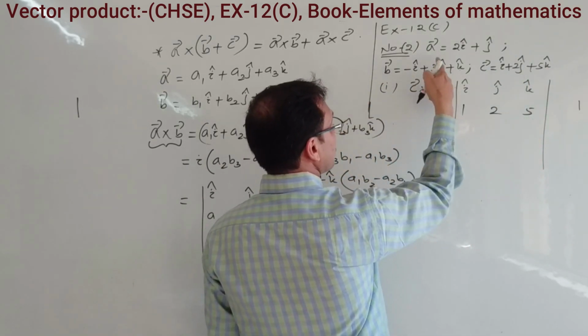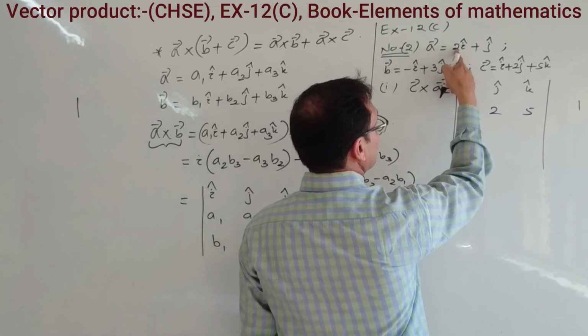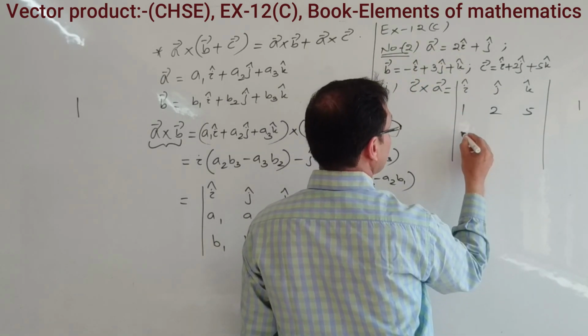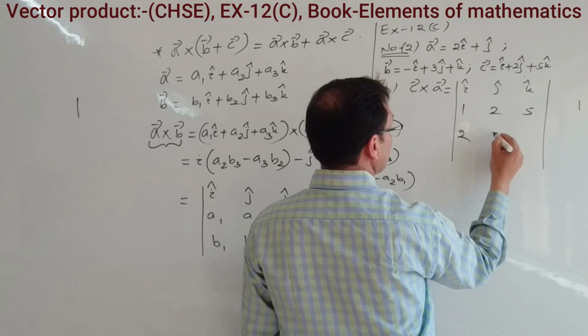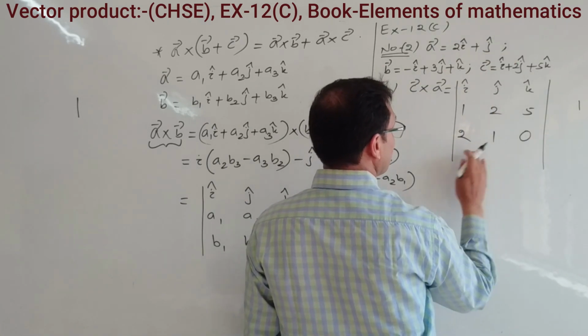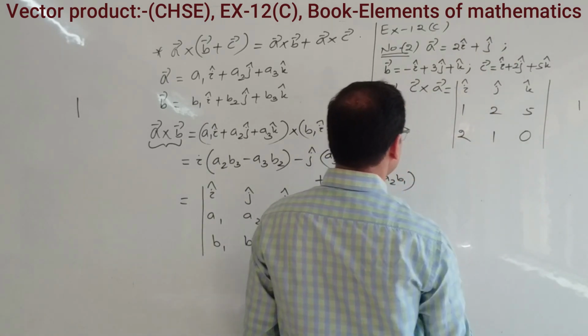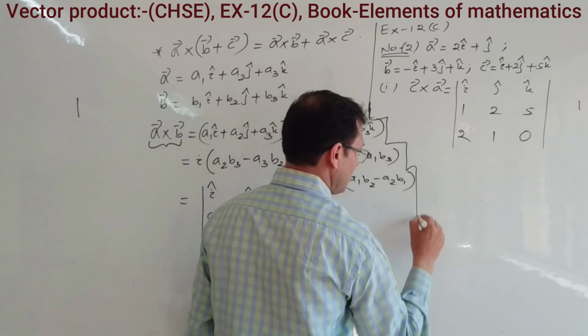And b vector, the components of a vector are: ith component is 2, jth component is 1, kth component is not there, that means 0. Now you can find yourself.